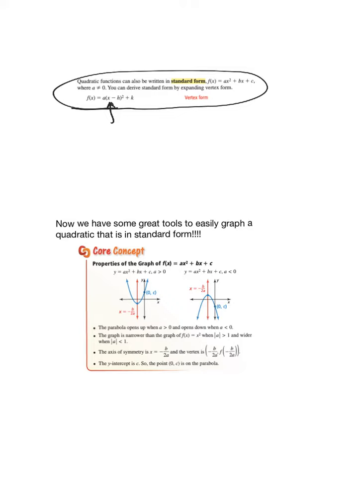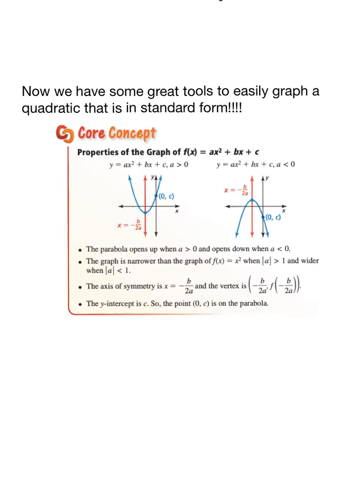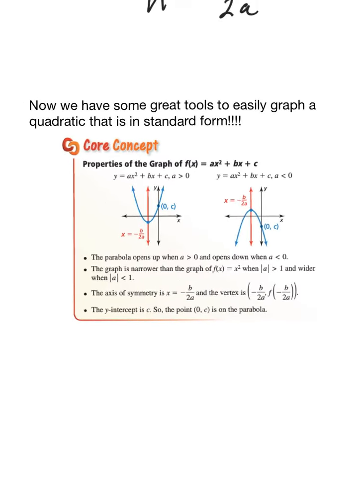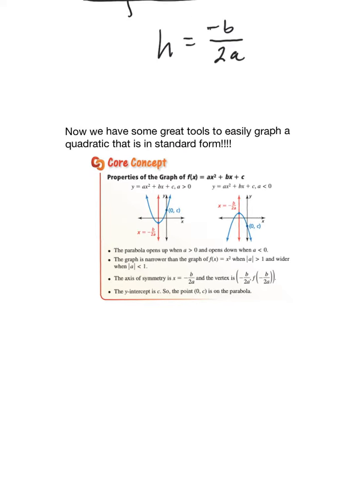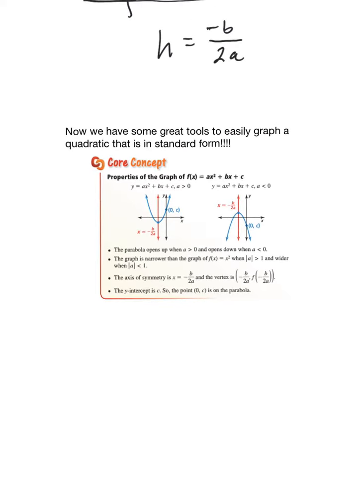I would like you to remember that the final outcome was that we created a formula for finding the x value of the vertex, and it's negative b over what, people? 2a.